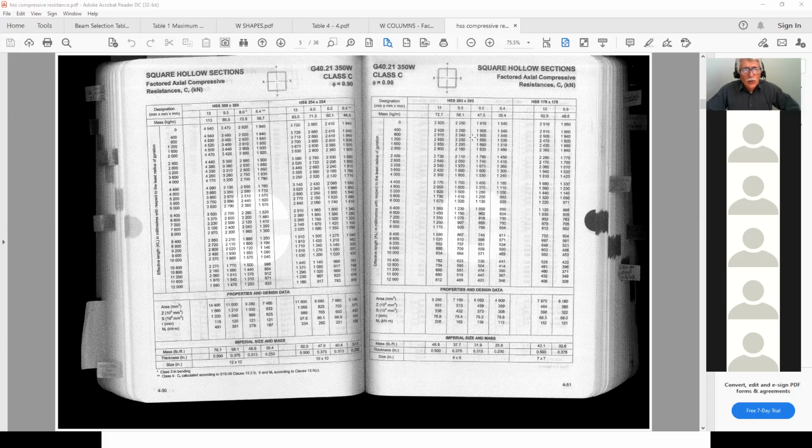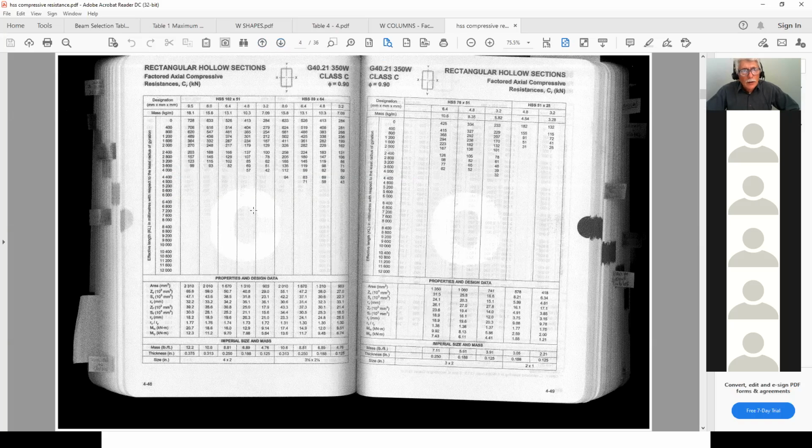Now, what you do here is simply say, okay, let me go and get a length of 4 meters and try to find a CR value greater than what I need. So here, they're all way above what I need. So I'm going to go to the next page. I even forgot what the CR value was that we needed.